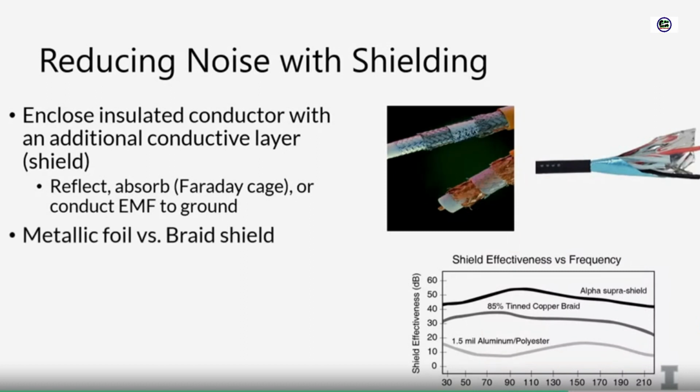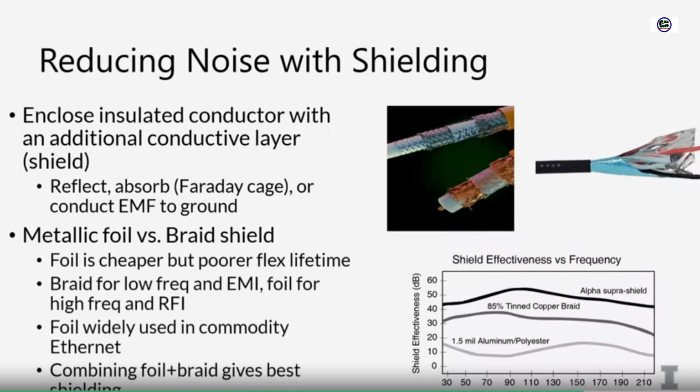And there's a lot of different kinds of shields. Two very common types are known as metallic foil and braid shields. In general, foil is cheaper, but it's worse for flex. The nice thing about braided shield is it has a whole bunch of braids that fit together, and so if you want to bend it, they can just bend and flex. But if you have foil, the metal is actually bending back and forth, and that can weaken over time.